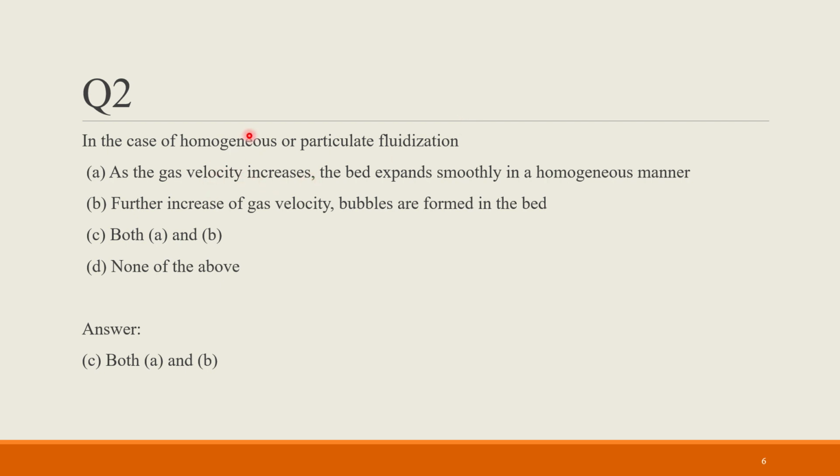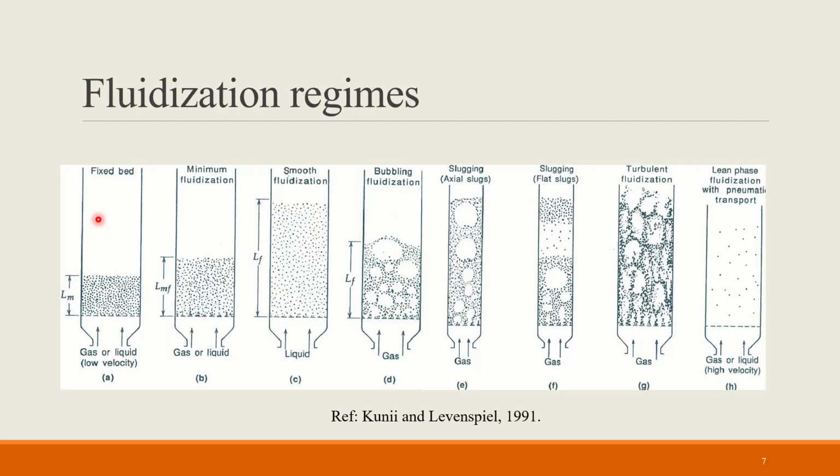This happens with very low velocity of gas. So once the gas velocity increases, what would form? Bubbles would start forming. So A is also right, B is also right. So the answer to this problem is both A and B, that is option C.